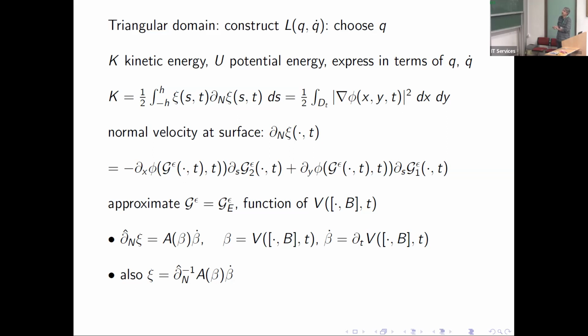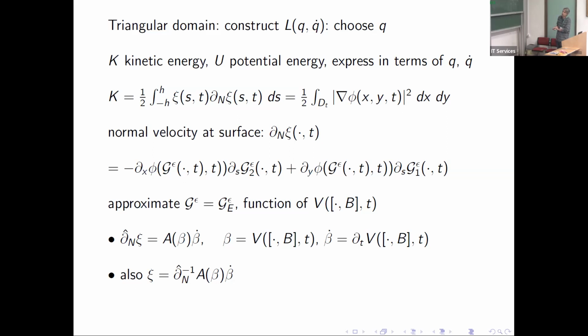And then we reinterpret this definition in this form, that the normal derivative is given by some operator that is known explicitly applied to the time derivative of this expression. So I'm not giving you this explicitly now.